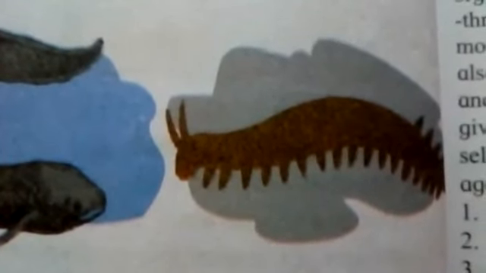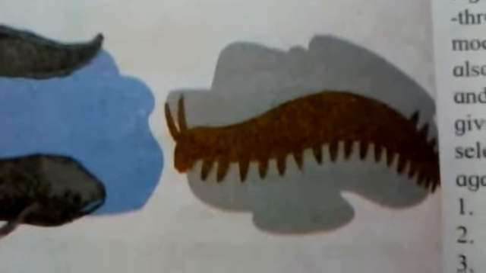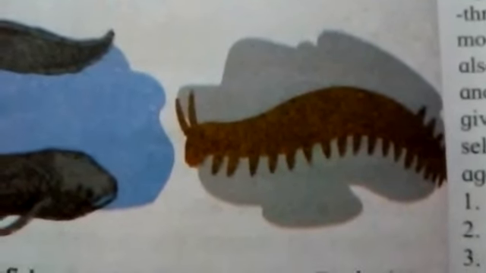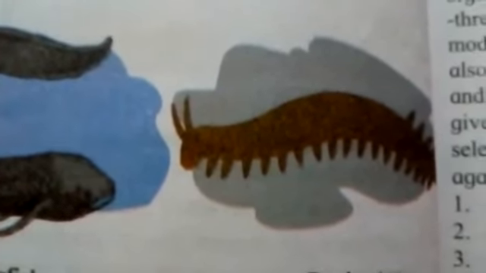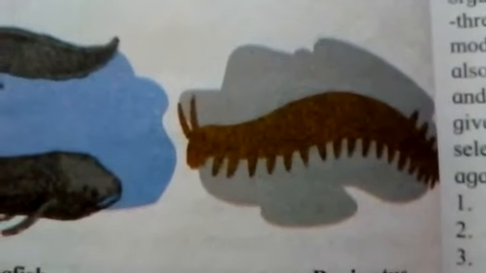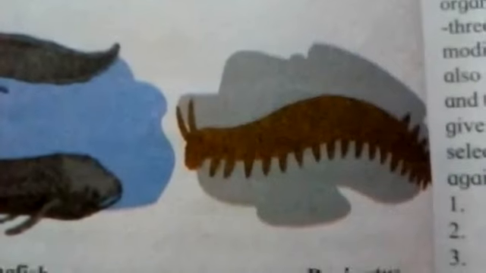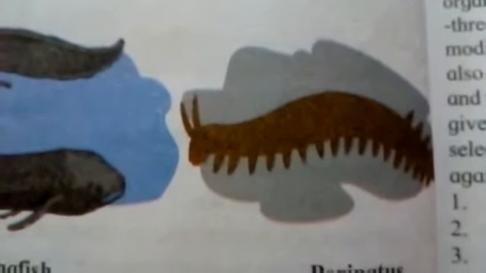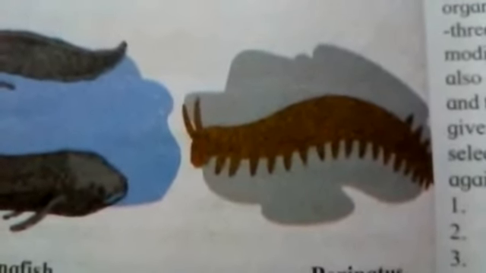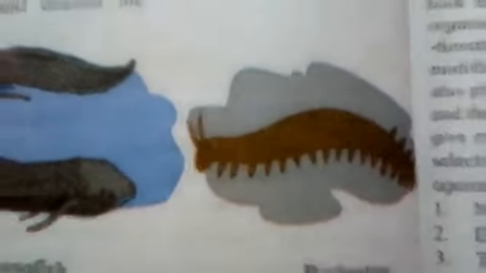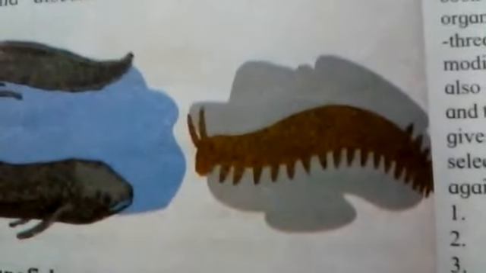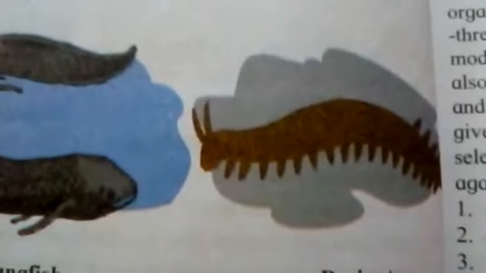And these animals show tracheal respiration and an open circulatory system like the arthropods. We know that a cockroach is an arthropod. It has an open circulatory system, and it respires with tracheal respiration.